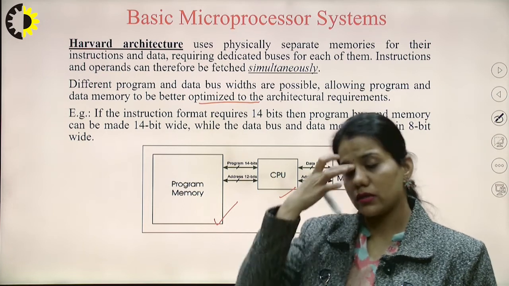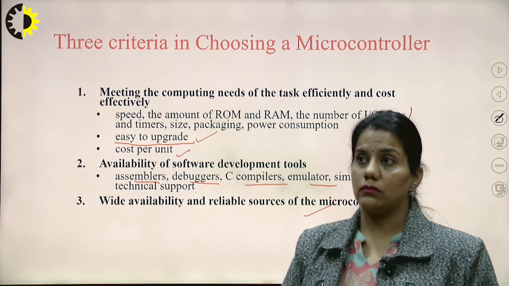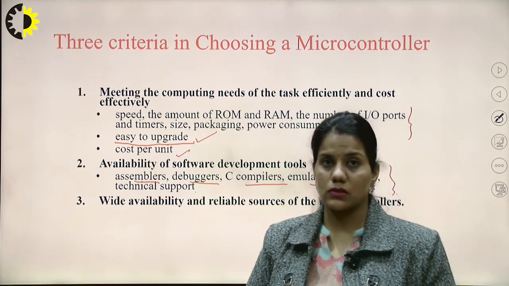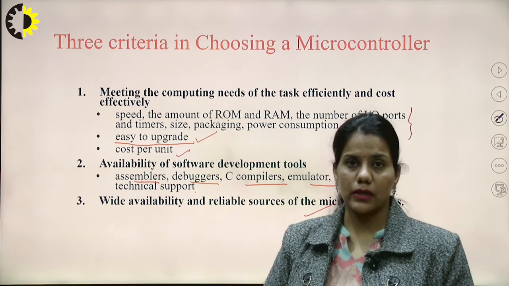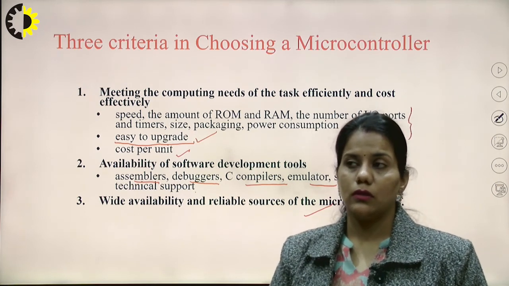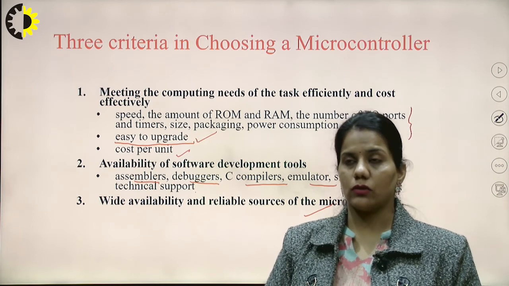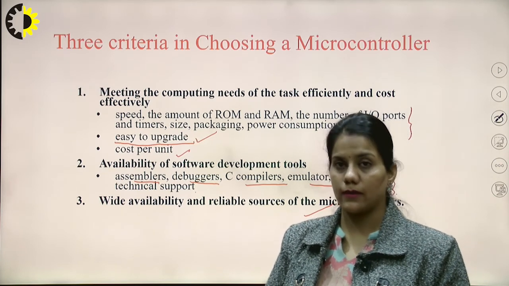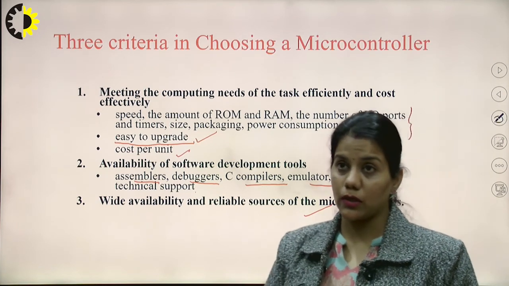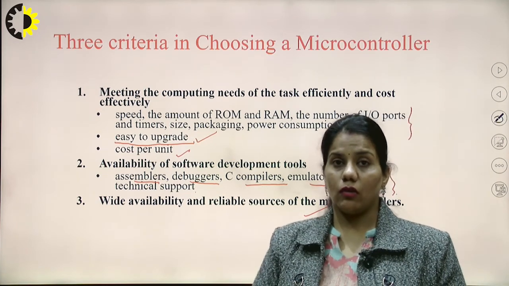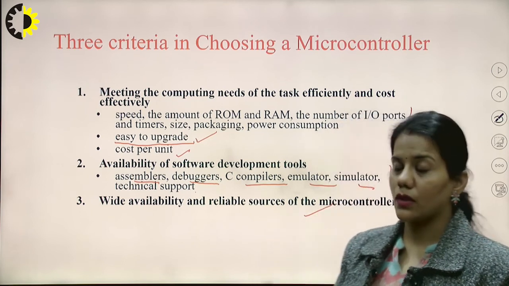So in today's lecture, we can conclude that we studied the basics of the microcontroller. We studied how to select an appropriate microcontroller according to our application, how we can categorize different microcontrollers based on the architecture, based on the memory size, based on the architecture of the memory, and also based on the different peripheral features.